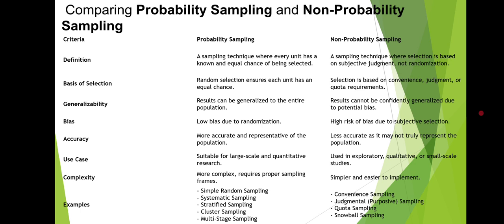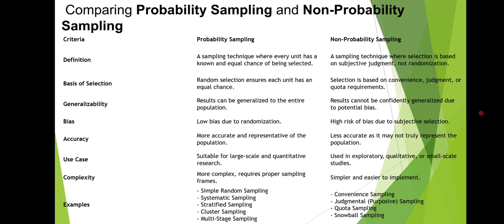On the basis of bias, there is low bias due to randomization in probability sampling, and in non-probability sampling, there is a high risk of bias due to subjective selection. On the basis of accuracy, probability sampling is more accurate and representative of the population.